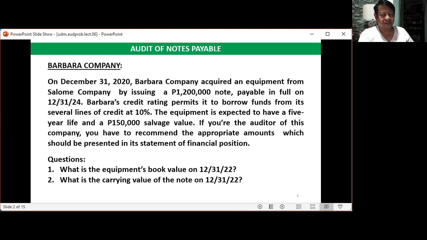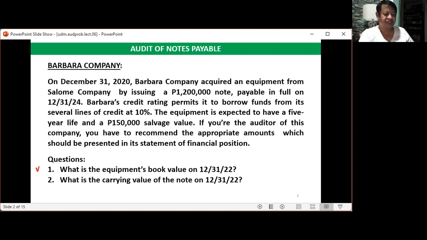Although in the books of accounts, the machine is fully depreciated and yet it still can be used. In some instances, if the company will decide to sell the machine after it was fully depreciated, the selling price is otherwise known as salvage value or residual value. That is the meaning of that particular salvage value.